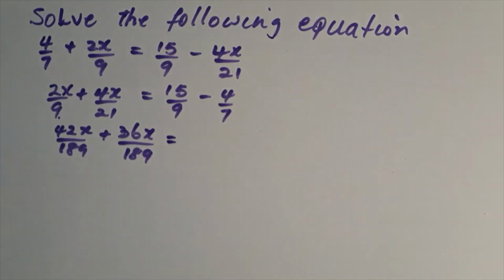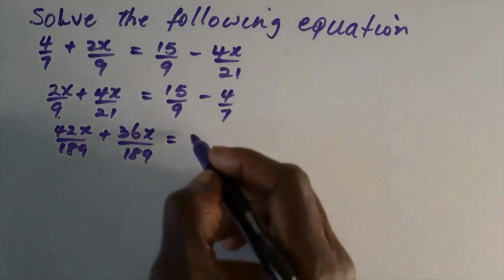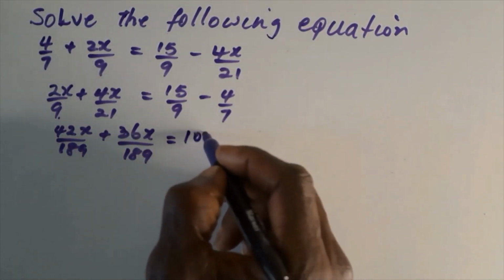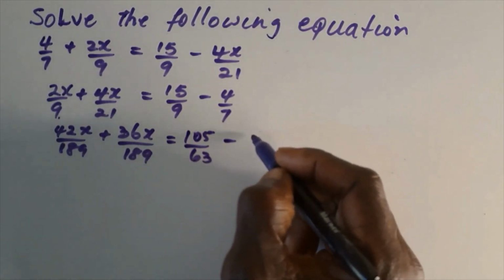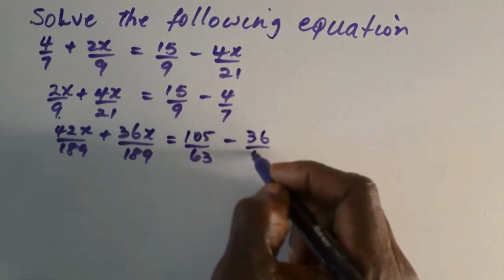On the right hand side we'll have a denominator of 63, 9 sevens are 63, so it's 15 times 7, 105 over 63, minus 36 over 63.